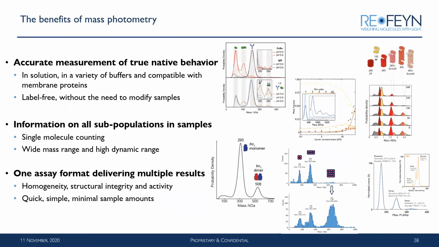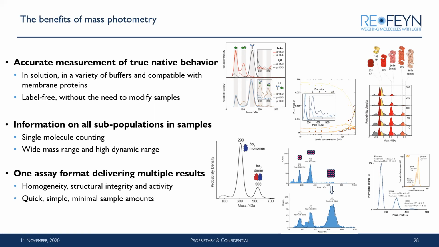So I've given you a lot of examples of what mass photometry can do as a bioanalytic tool. And just to return to this slide of benefits of mass photometry, it can give you accurate measurements of true native behavior.